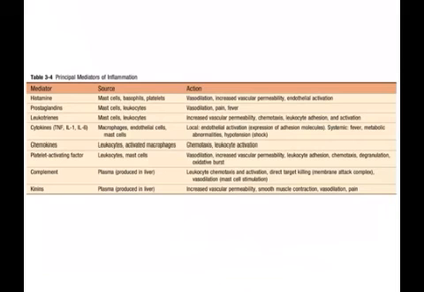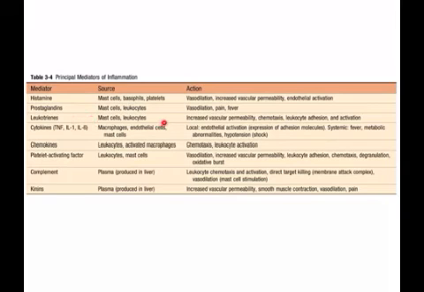Then prostaglandins. Prostaglandins are released from mast cells and leukocytes, and they are involved in vasodilation, and they cause pain, and they also produce fever. And leukotrienes. Leukotrienes are produced from mast cells and leukocytes again.